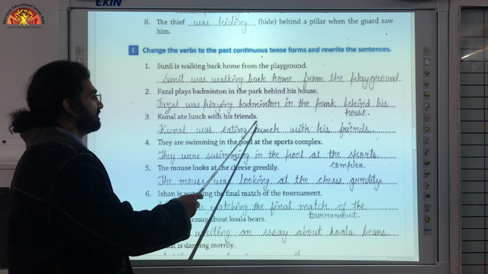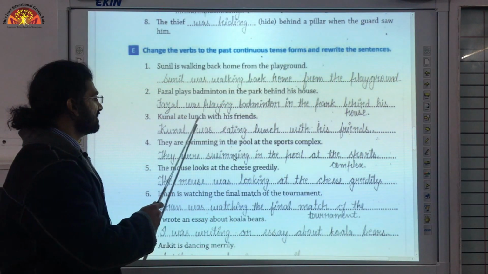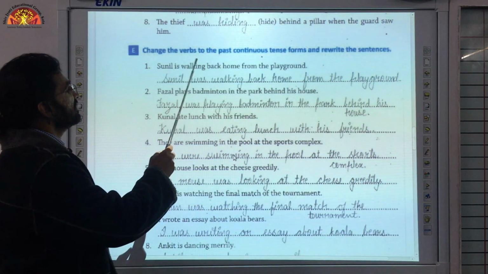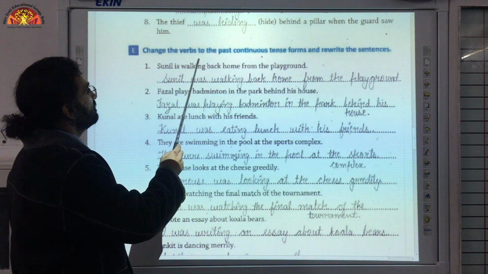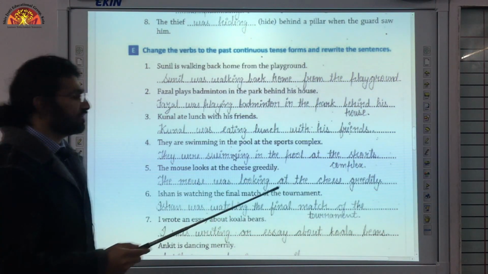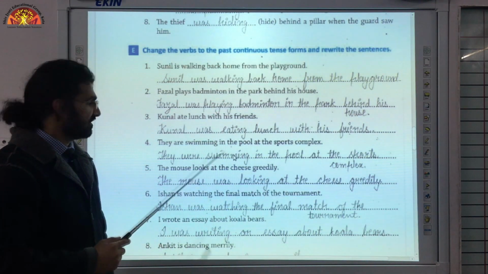Kunal ate lunch with his friends. This is of simple past tense now. Kunal ate lunch with his friends. But what do we need here? We have been asked to change the verbs to the past continuous tense forms. And for that, what do we need? ing forms of verb and helping verbs was or were.